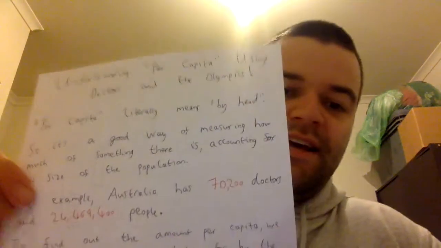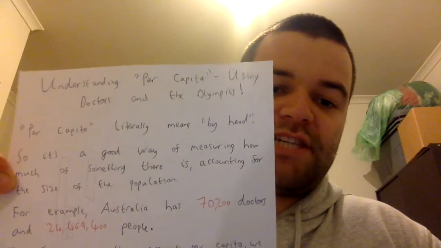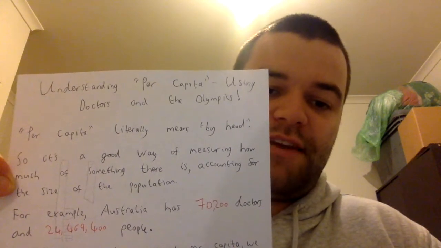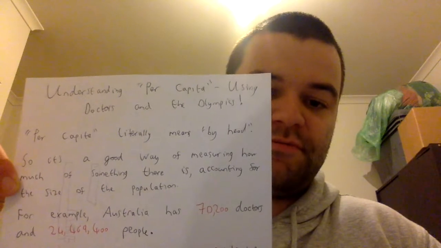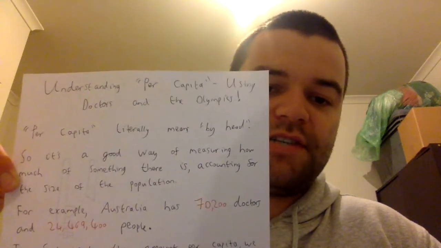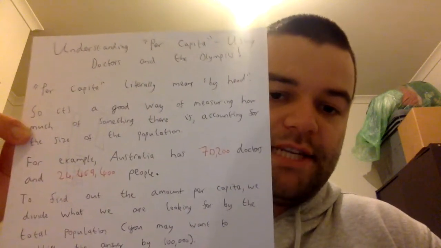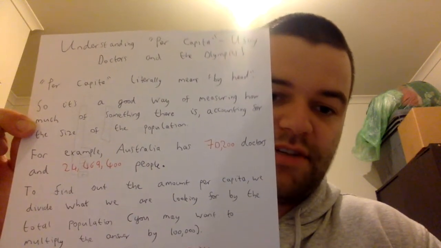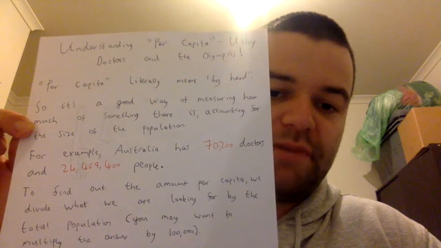Okay? So to show you that as an example, we're going to think about the difference in number of doctors per capita in Australia and the UK, so the two countries close to my heart. So Australia has approximately 70,200 doctors, and it's got 24,469,400 people. So to calculate the doctors per capita, we need to divide the thing we're looking for, which in this case is the number of doctors, by the total population.